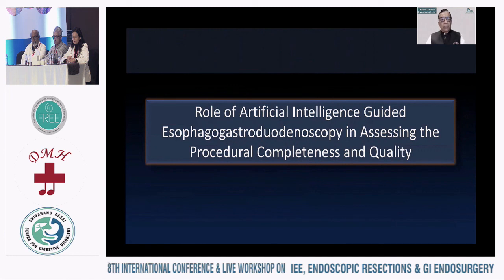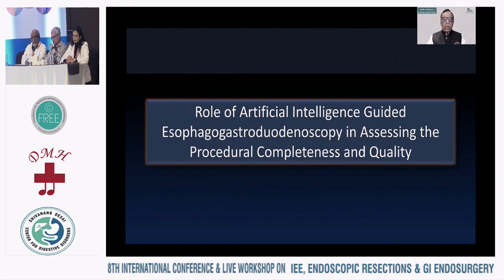The other area we have been working on for the last few months is the role of artificial intelligence guided upper GI endoscopy in assessing the procedure completeness and quality. We all know that for colonoscopy, there are good criteria, ileal intubation, cecal withdrawal time, and so on. But there are not many parameters used for upper GI endoscopy.